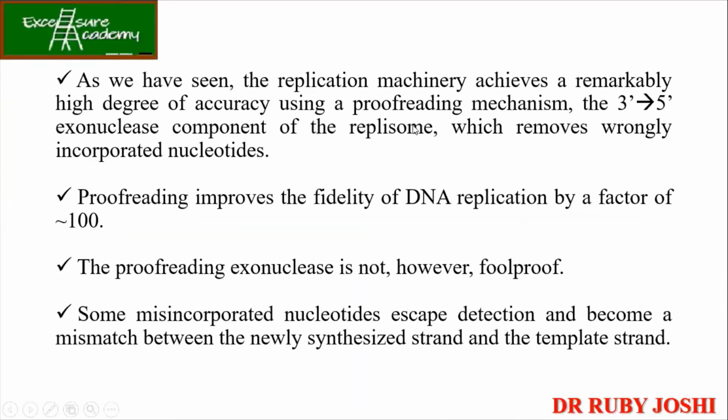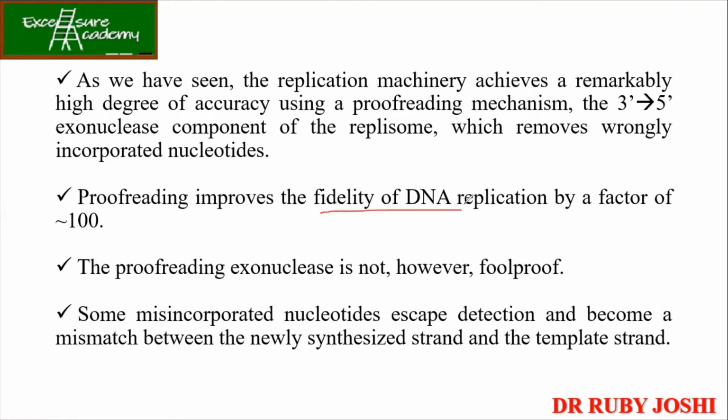Okay, so as we have seen, the replication machinery achieves a remarkably high degree of accuracy using the proofreading mechanism. We have the 3'-5' exonuclease component of the replisome, which removes wrongly incorporated nucleotides. Now, proofreading improves the fidelity of DNA replication by a factor of 100. Now, when I say fidelity of DNA replication, what does it mean?